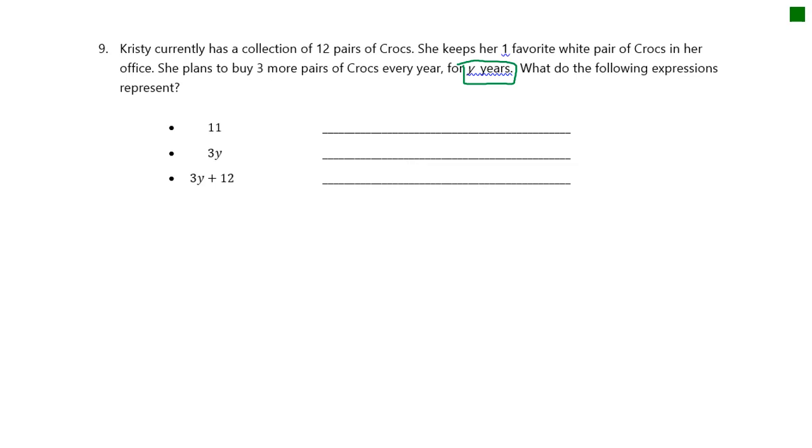Well, okay, so we have 11. They told us that she had 12 pairs of Crocs, but she kept her one favorite pair. So 11 has to be the number of Crocs that she did not keep. Because she had 12 and only kept one, 11 has to be the number of Crocs that she did not keep.